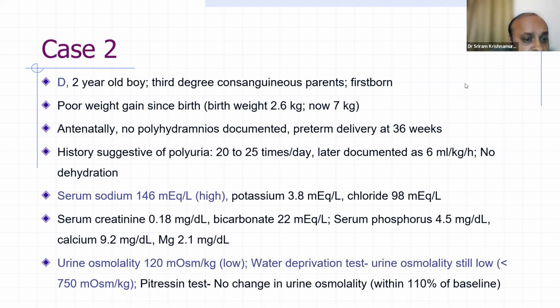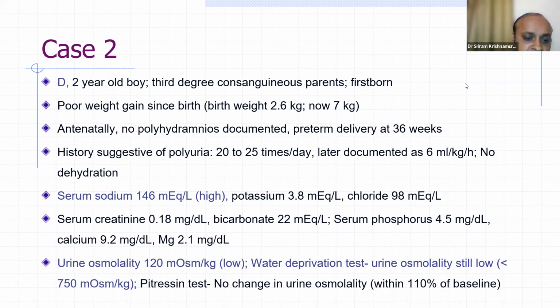So at this juncture, because there was polyuria along with hypernatremia and the serum osmolality was very high, we suspected that it is actually a nephrogenic diabetes insipidus, and the urine osmolality was done, which was found to be very low. It was only 120, and a water deprivation test was done, which showed urine osmolality to be still low.